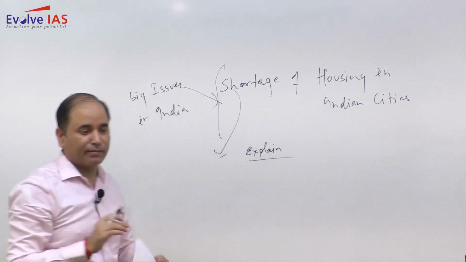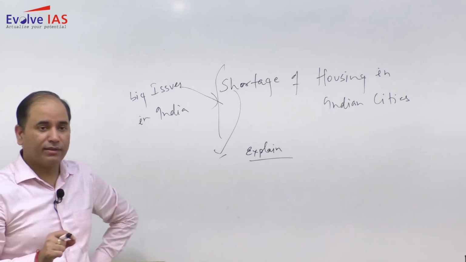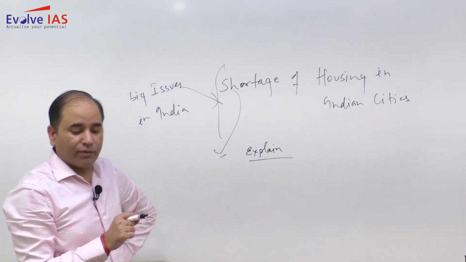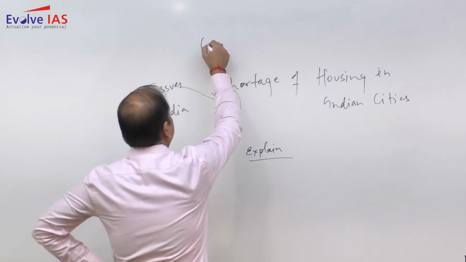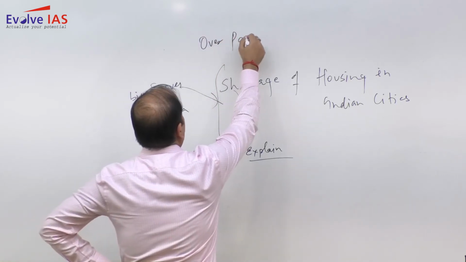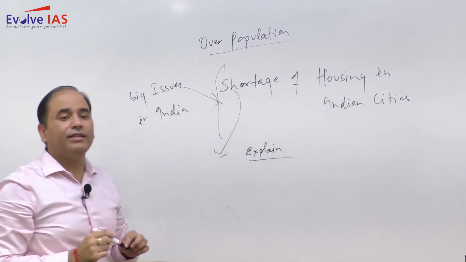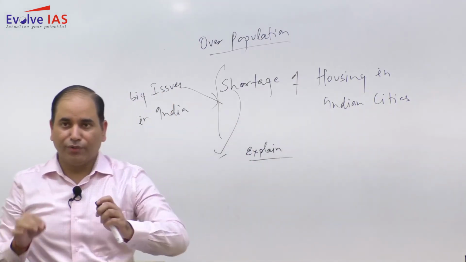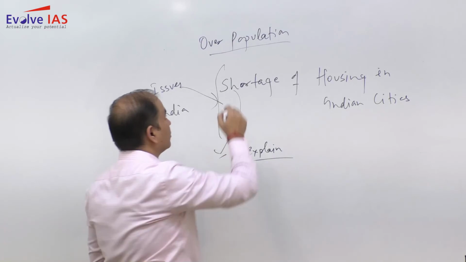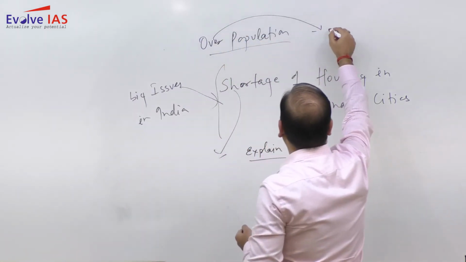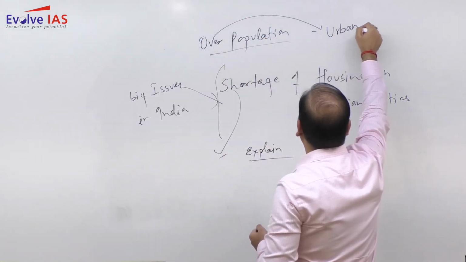But one more component of this question is overcrowding. So the first question is why this overpopulation? You need to write a few paragraphs about this overpopulation. This overpopulation is because of urban primacy.